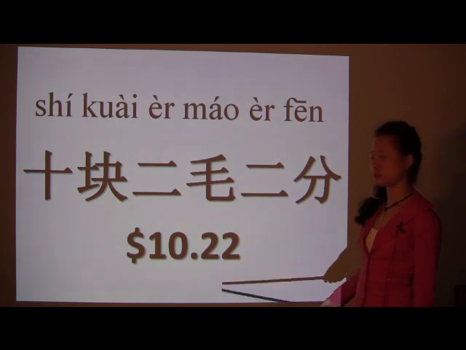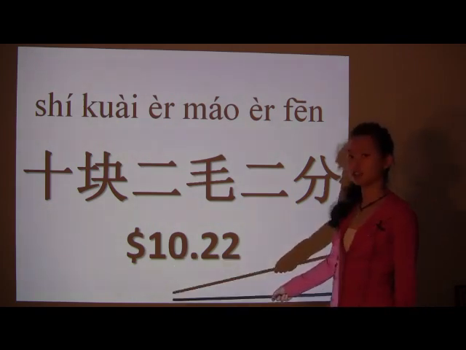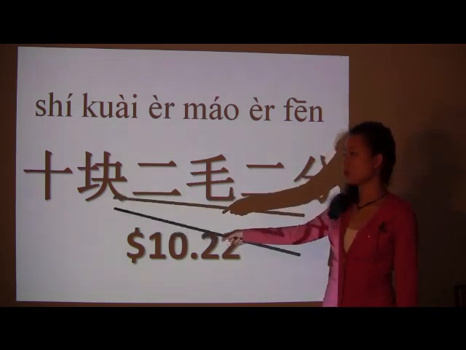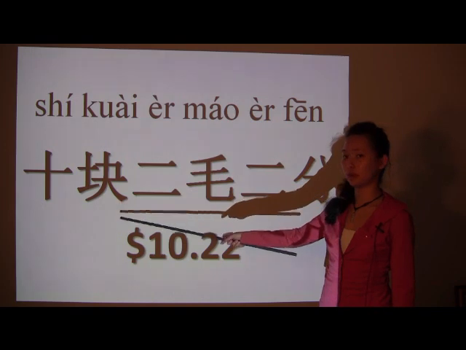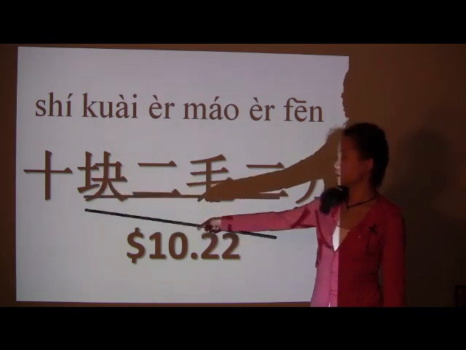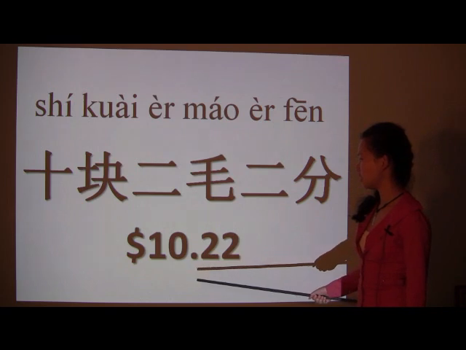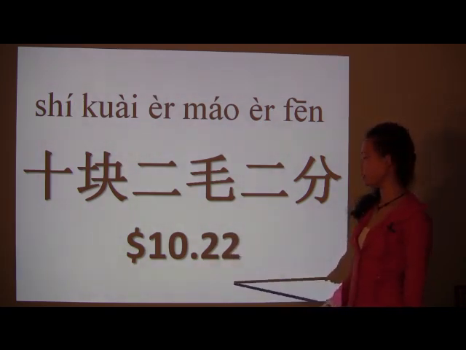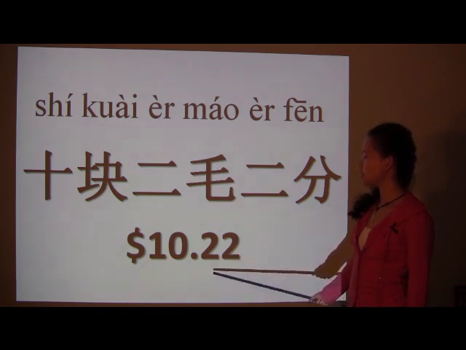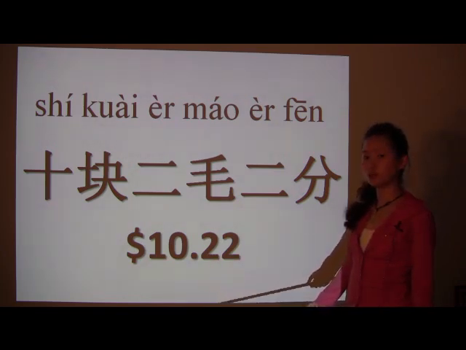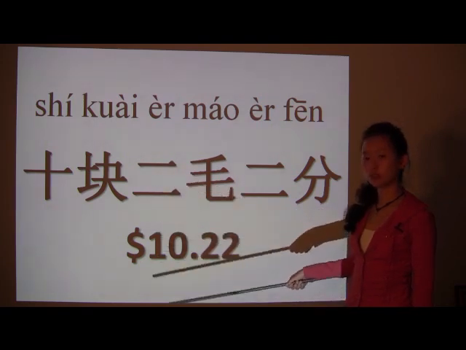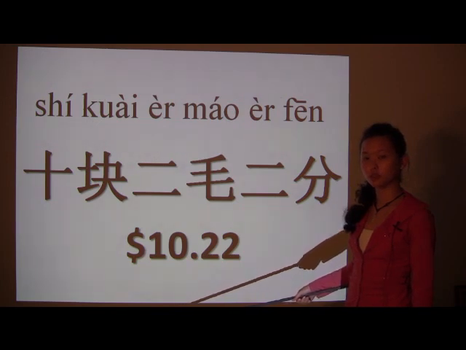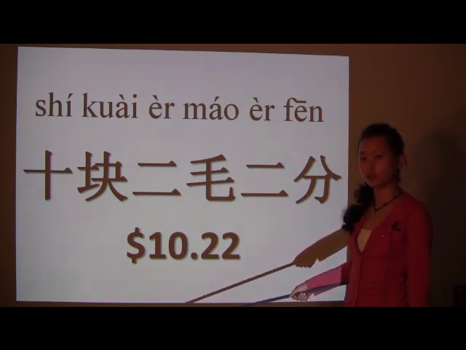If you want to say $10.22, well, $10. Dollars is 块 or 元. I only use 块, but you can remember to use 元 as well. So 10块 for $10. The 22, does the 2 scare you? Well, you have to remember the 2 changes modes only when you're dealing with the dollar. When you're talking about cents and 10 cents, you use the original 2 that we learned about in our first set of numbers, which is 二.